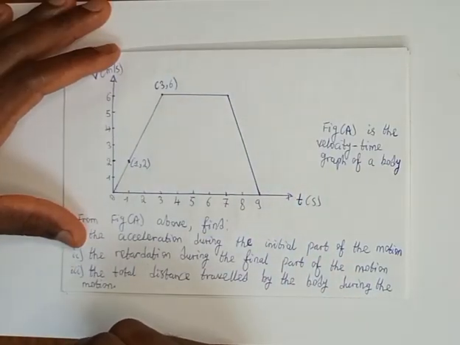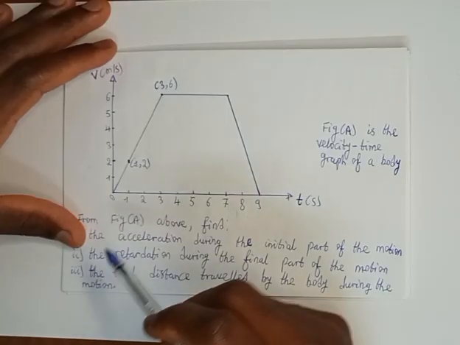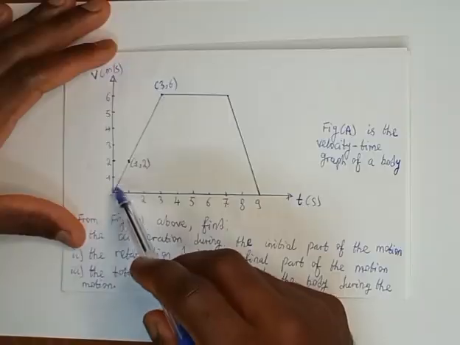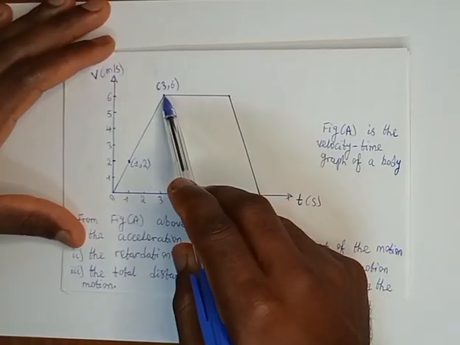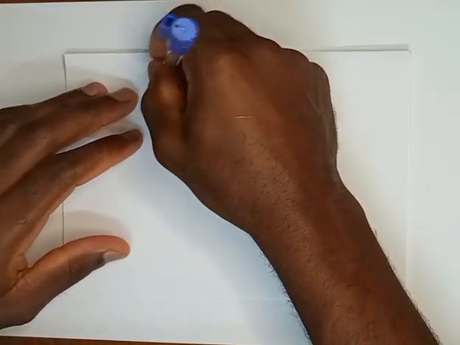By making use of these points, we can easily calculate the acceleration of the body during the initial part of the motion. The acceleration will simply be the gradient of this straight line.